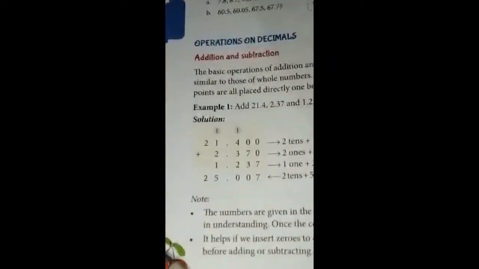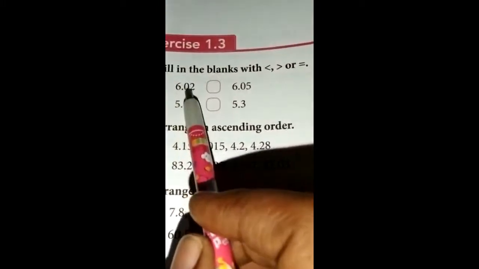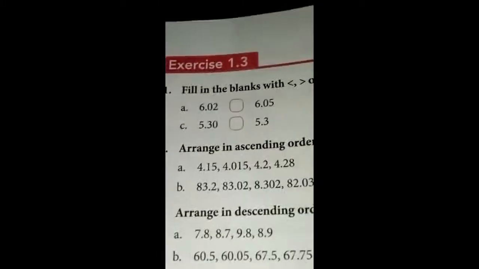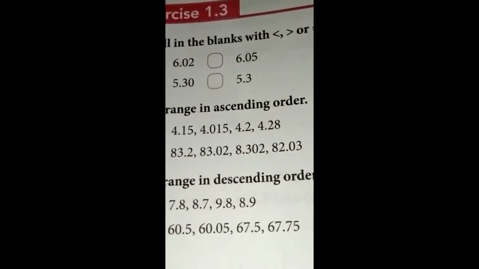On page number 82, exercise number 1.2. Fill in the blanks with less than, greater than, or equal to. First one is 6.02 and 2.05. So students, in comparing decimals, we have to compare the whole number part.